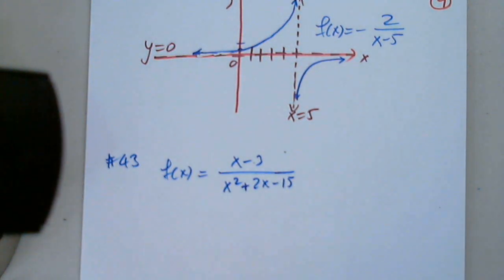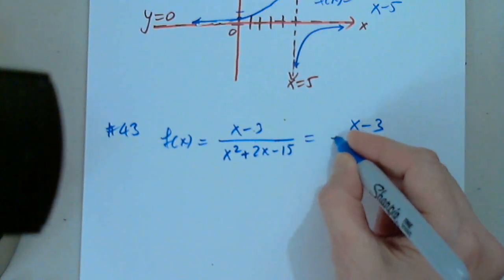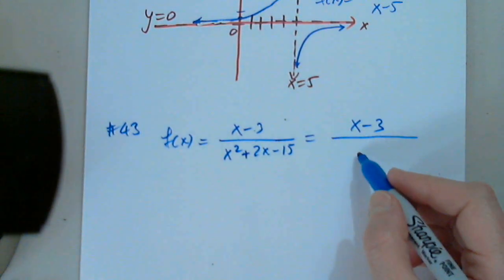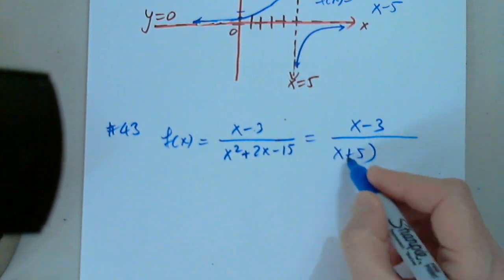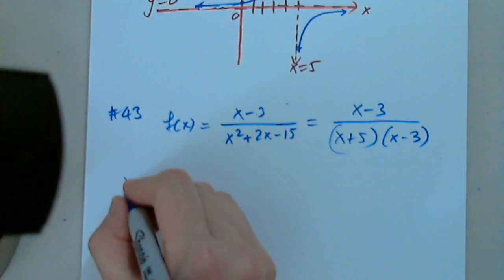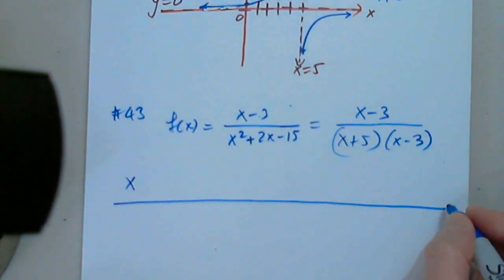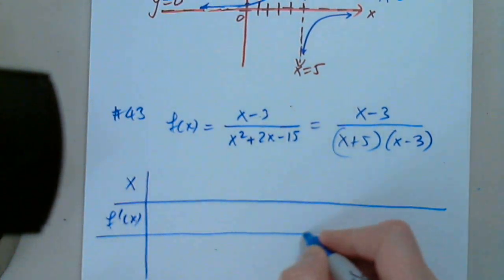Okay. So, can anyone factor the denominator for us? x plus 5, x minus 3. So now the domain. I'm just going to put in the domain, and I'll continue here next time.